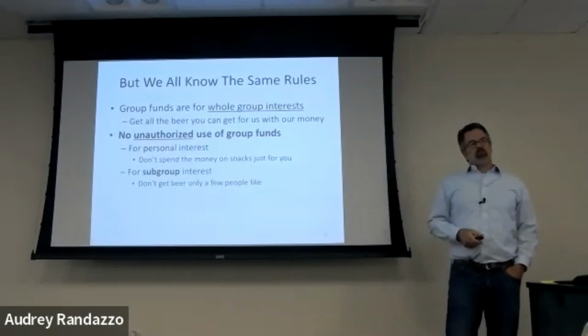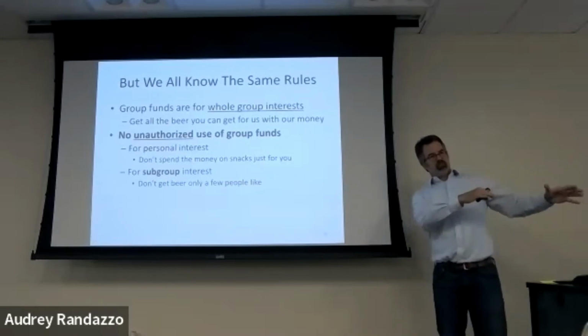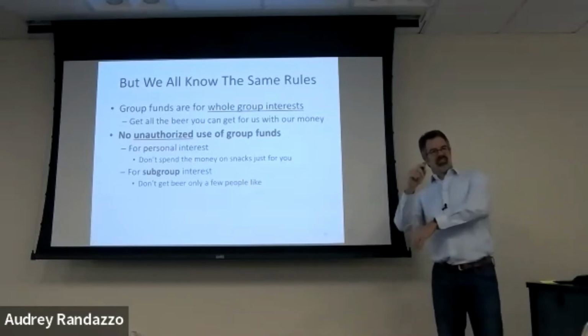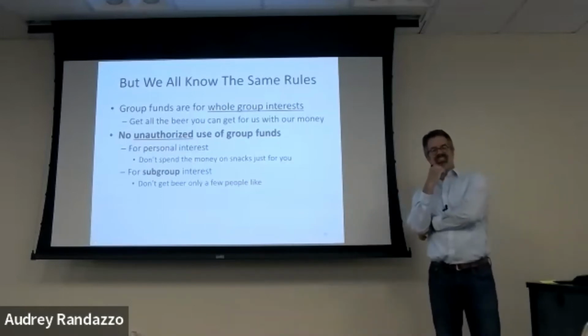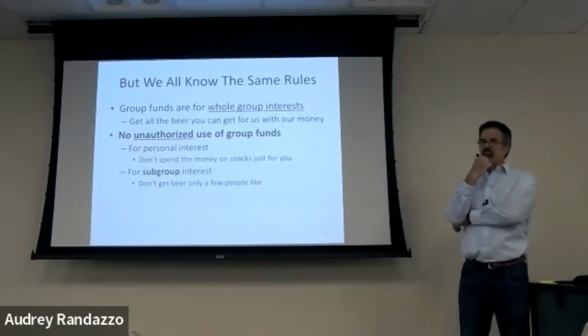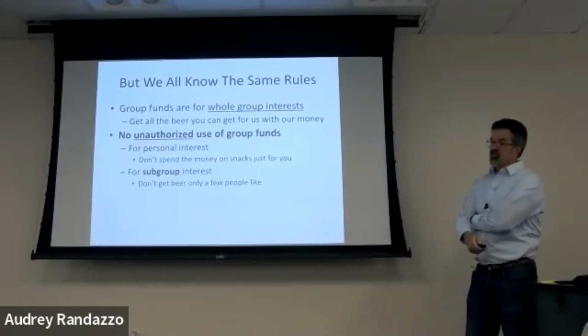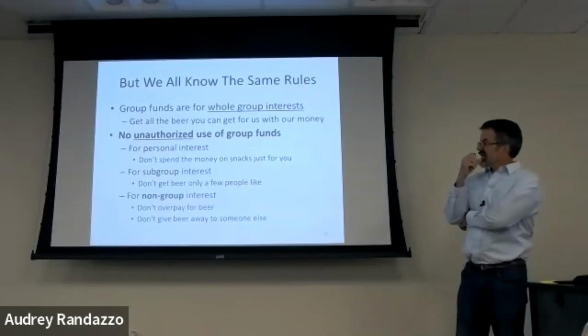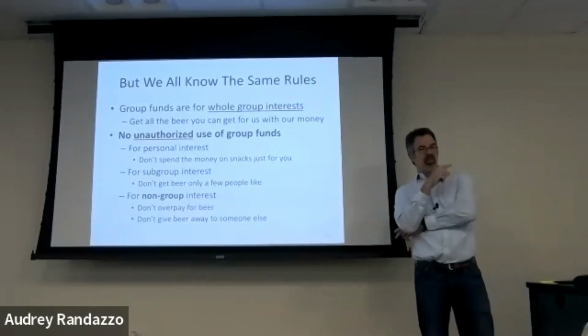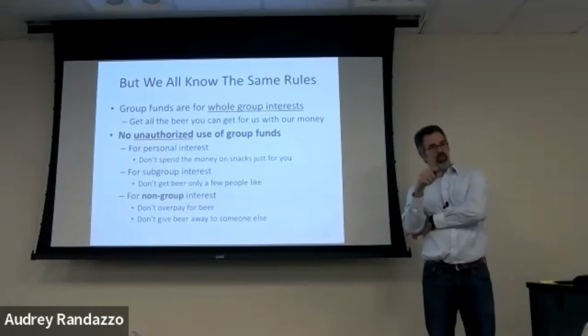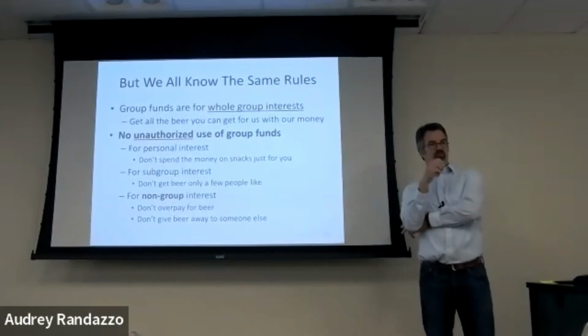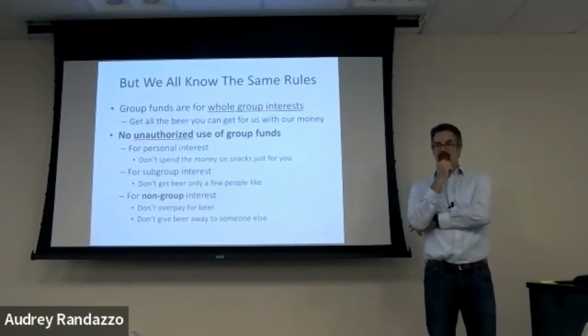What about subgroup interest? Can you satisfy some of the group and not the rest of the group? IPA. That wouldn't be good, would it? Don't get beer that only a few people like, that only you like. And of course, what about people outside the group? Are you allowed to go pay extra for the beer because your friend runs a liquor store? Yeah.